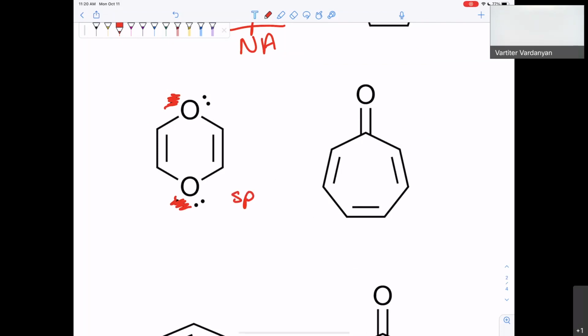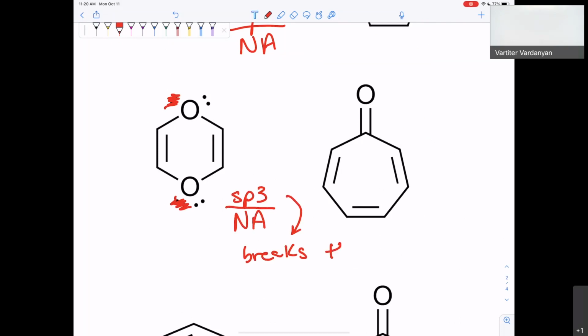So either they can both be sp3, and we would get what? If it's an sp3 atom, would it be aromatic, anti-aromatic, or non-aromatic? It's going to be non-aromatic, because sp3 breaks which rule?